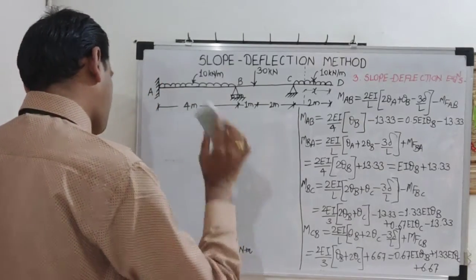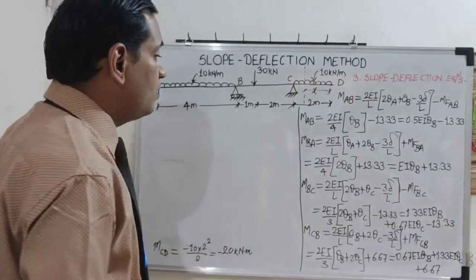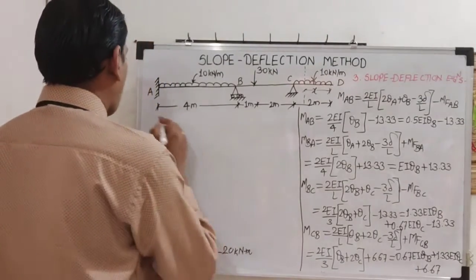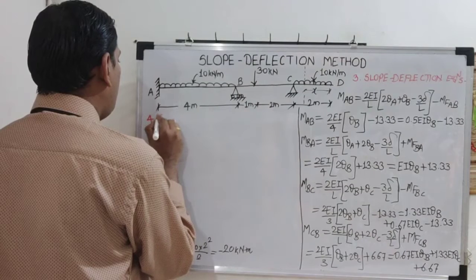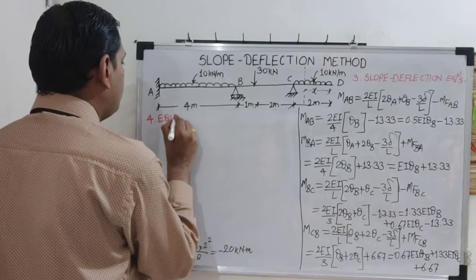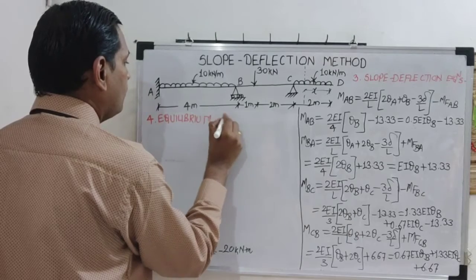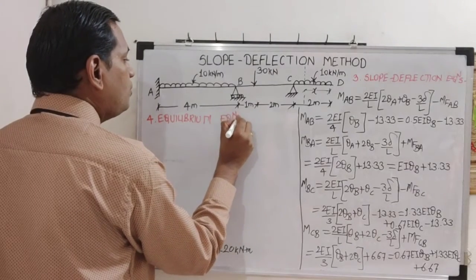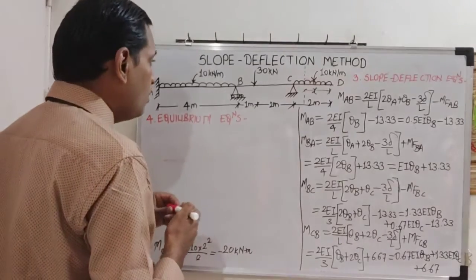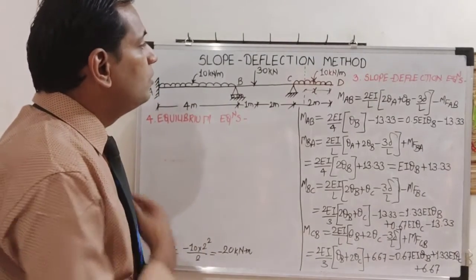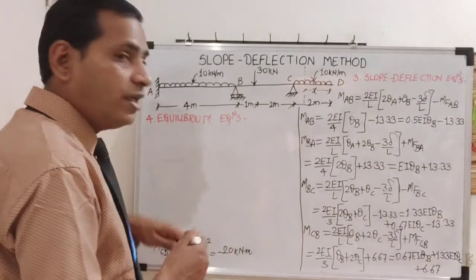So let us take our next step, number 4, which is equilibrium equations. These two equilibrium equations will be on two locations where there are two unknowns.